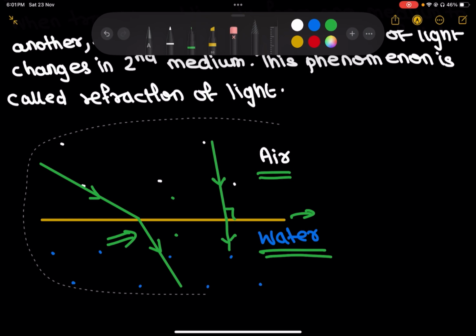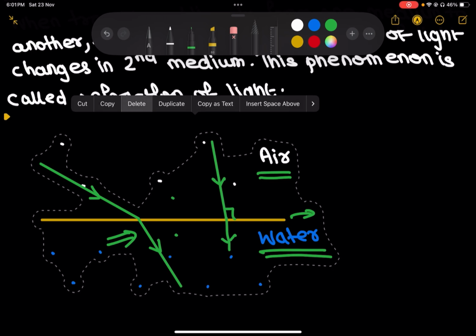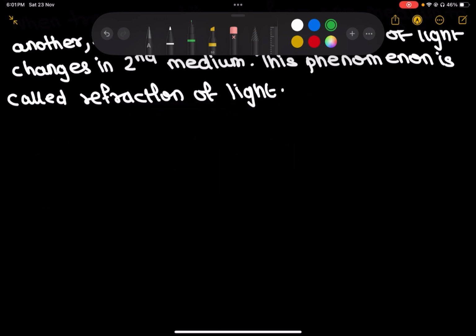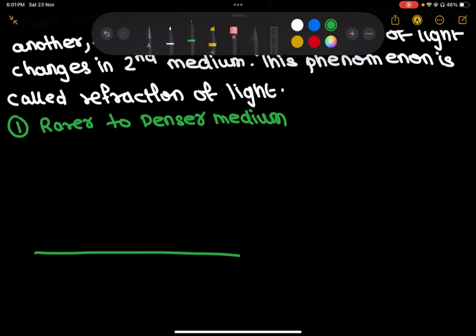This was a rough diagram. Now you'll see the actual one. The first case is from rarer to denser medium. See, what is a rarer medium and what is a denser medium?